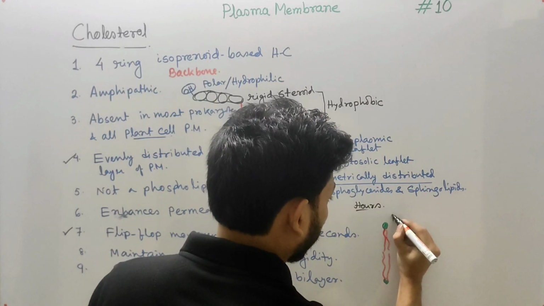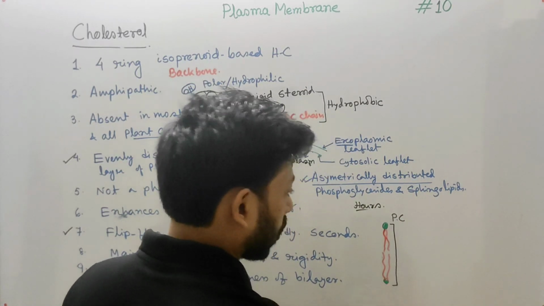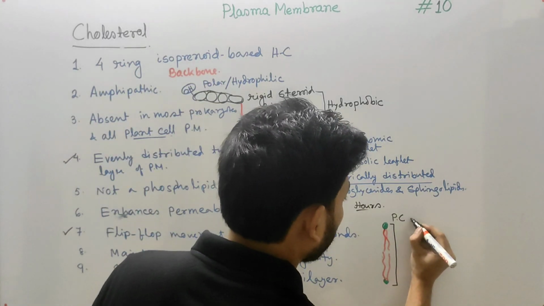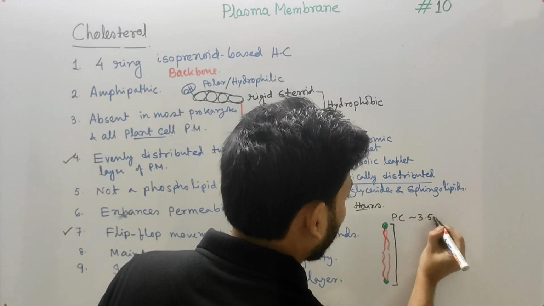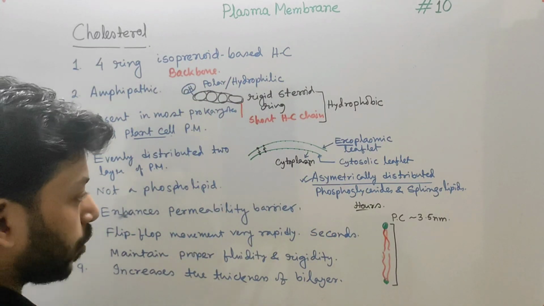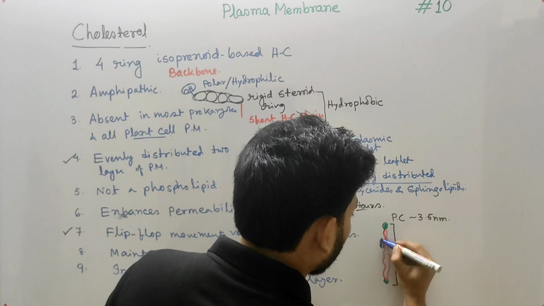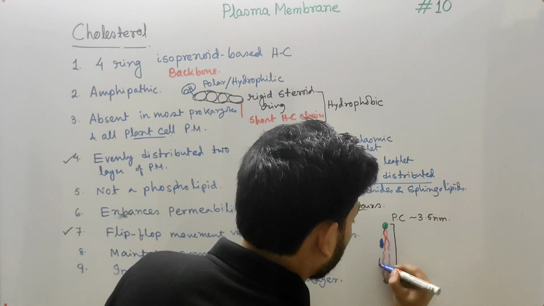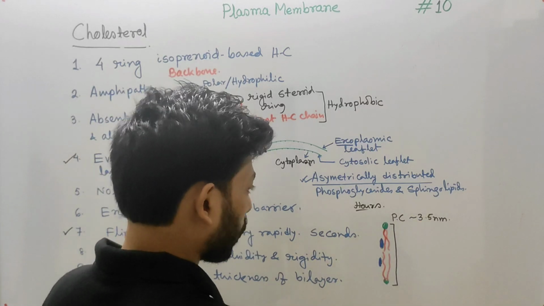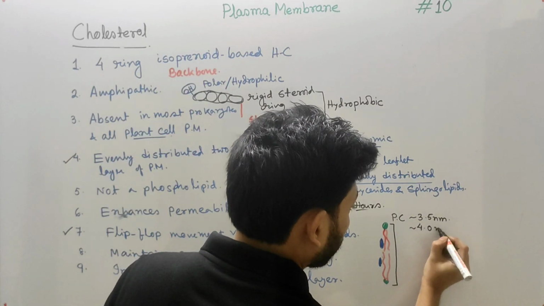Let's suppose this is phosphatidylcholine, then the thickness of the phosphatidylcholine bilayer is approximately 3.5 nanometer. Okay, now when cholesterol intercalates between the phosphatidylcholine molecules, then the thickness increases up to 4 nanometer.